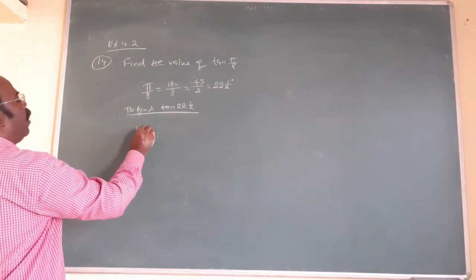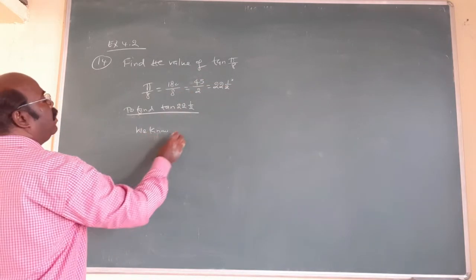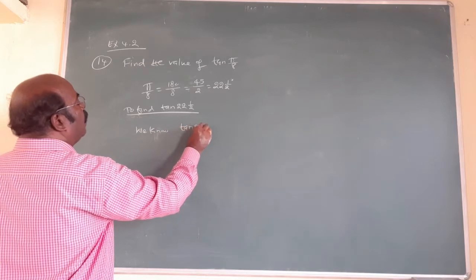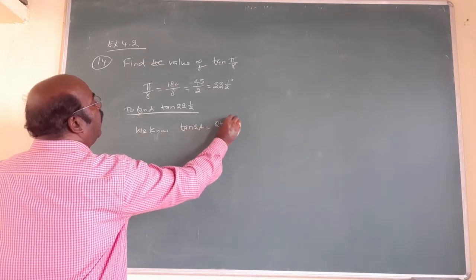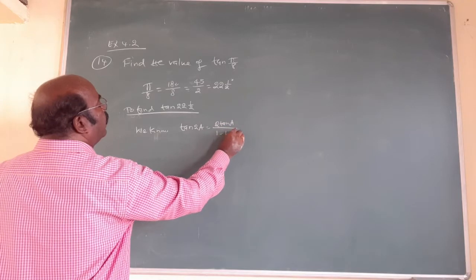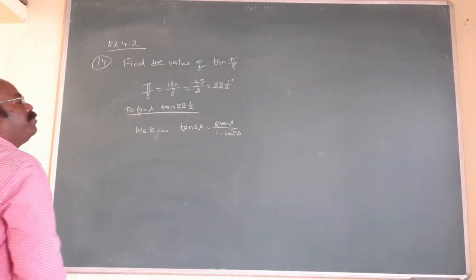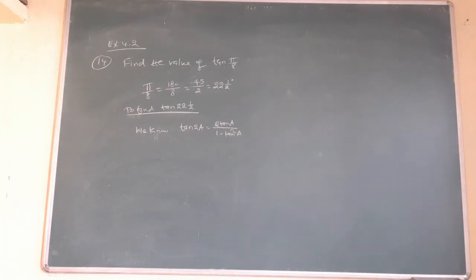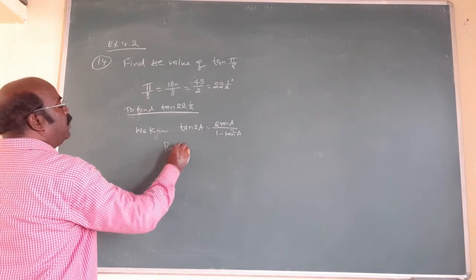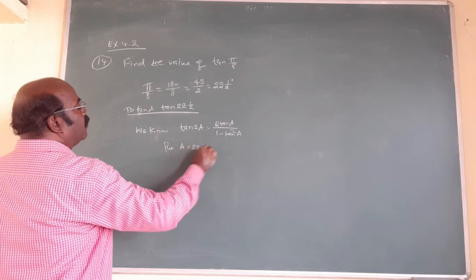We know the formula: tan 2A equals 2 tan A divided by 1 minus tan square A. Okay, this is the formula. Now put A equal to 22 and a half. Am I right?